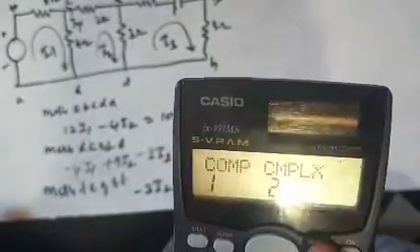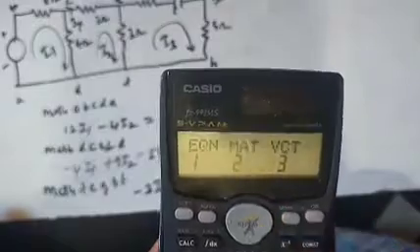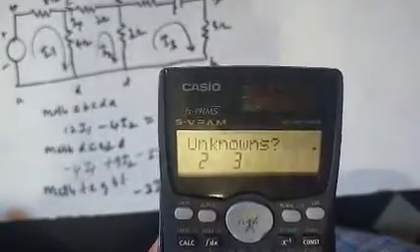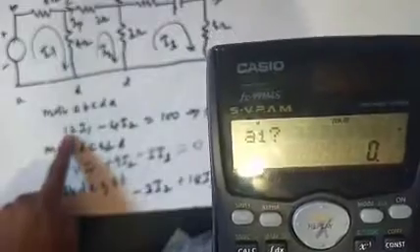Press mode until you receive the equation option. See, equation 1, 2, 3. How many unknowns? 3 unknowns. See, this is A1, B1 and C1.